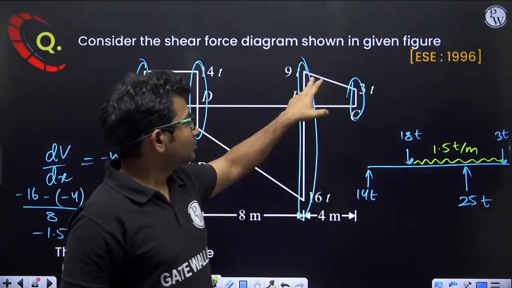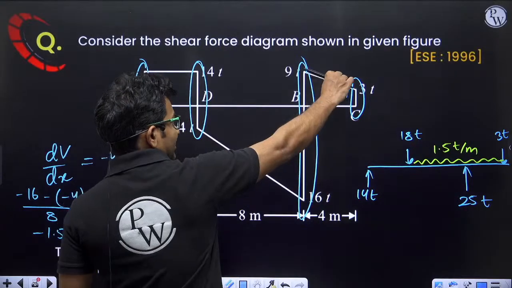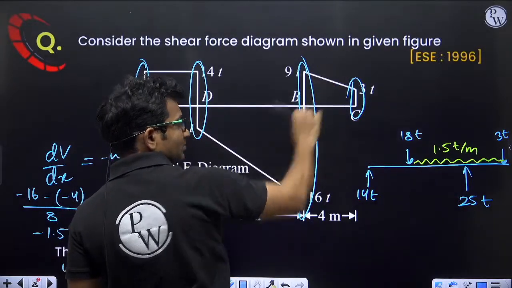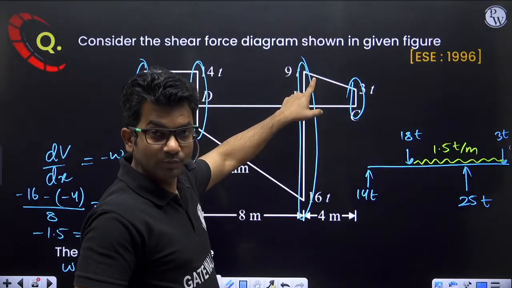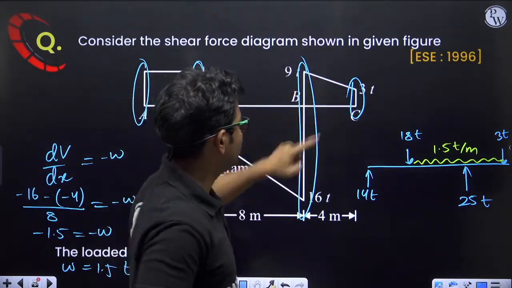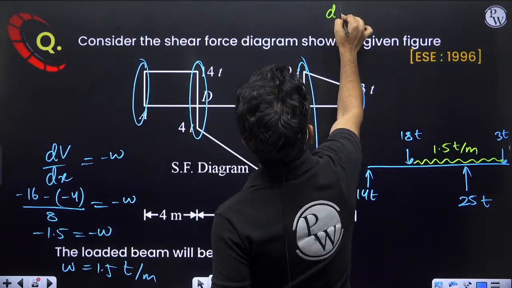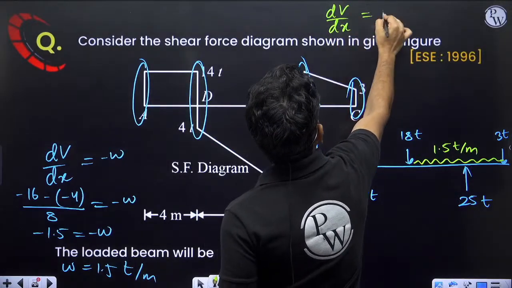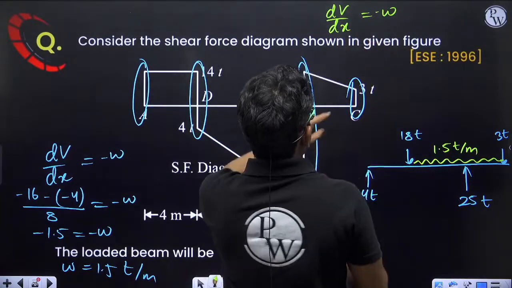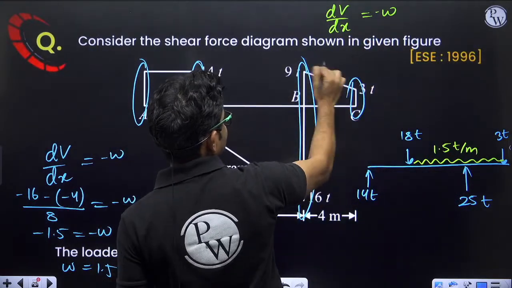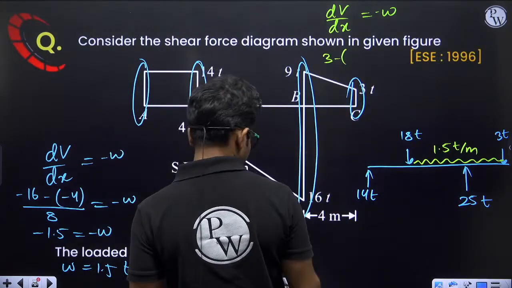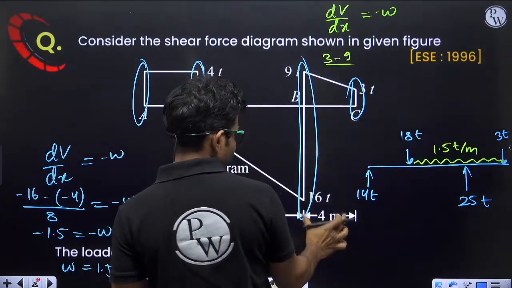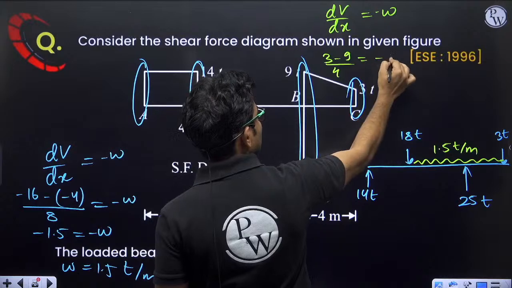Okay, we have to check the slope by numerical values. Change in shear force here, final minus initial. Final value is 3 minus initial value is 9. Length is 4 meter is equal to minus W.